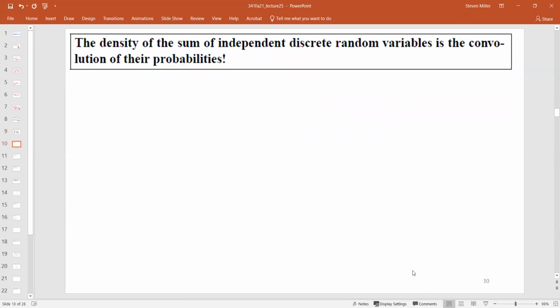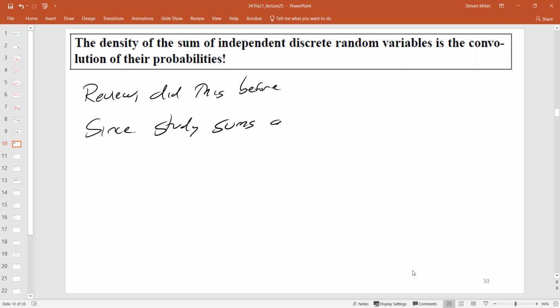Okay. So the density of a sum of independent random variables is the convolution of their densities. We've done this before, right? This is just review. Since we study sums all the time, this shows the value of convolutions, right?